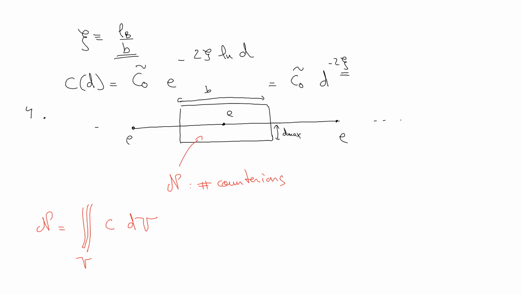Right? And so if now I put the proper dependencies, you have an angle, you have a dz between 0 and b, 0 and 2 pi, and then you have the integral over the radius between 0 and d max of the concentration profile, and I write everything with the variable of integration r.